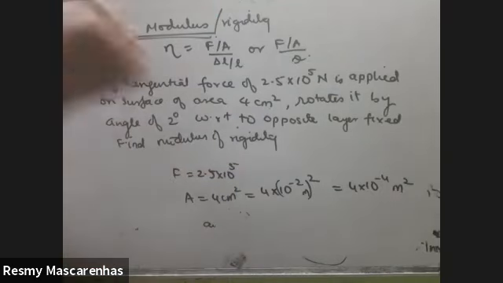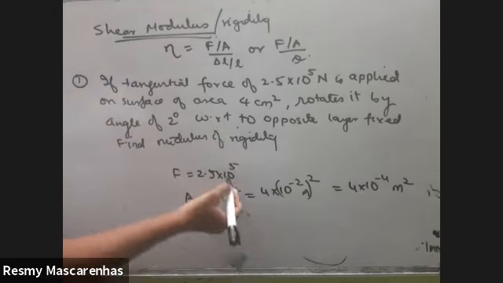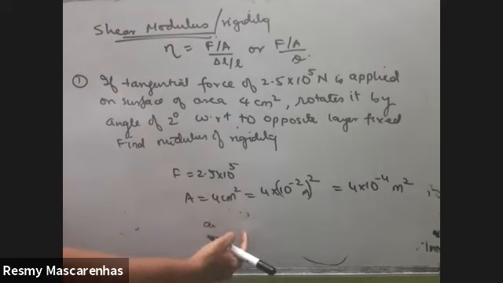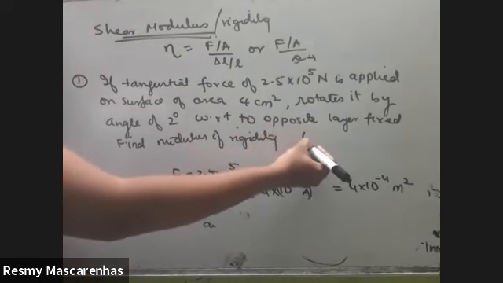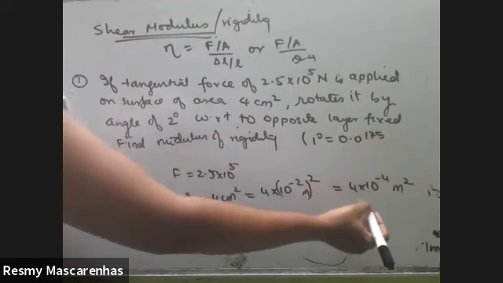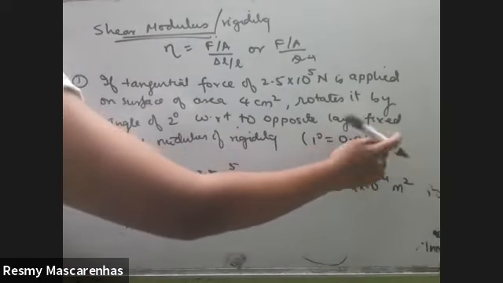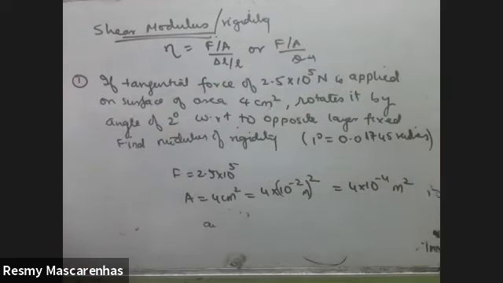Angle is another data that has been given. Now obviously you cannot substitute degrees here. Whenever we are dealing with numbers, you cannot divide angle by normal numbers. This will be in terms of radians usually. So they have already given the conversion: 1 degree is equal to 0.01745 radian.